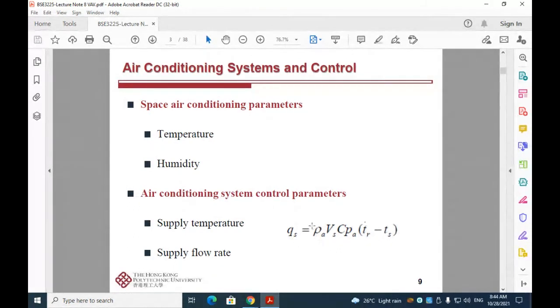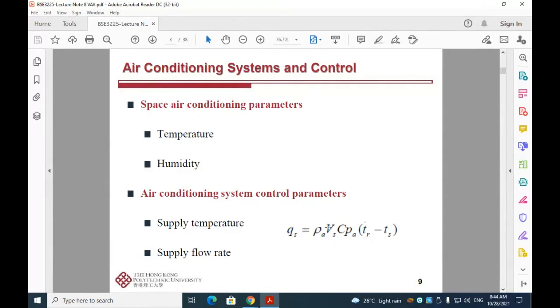By looking at this equation, we found that the density and the specific heat of air are related to the properties of air, so you cannot change that. T sub R is what we would like to achieve, so this value is also fixed once you have fixed all the design conditions.